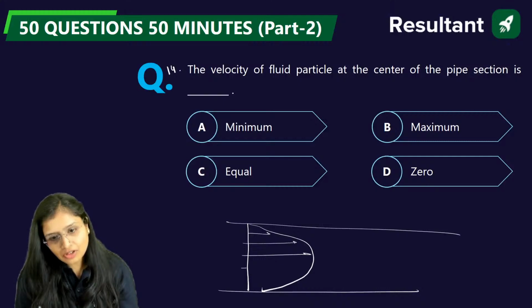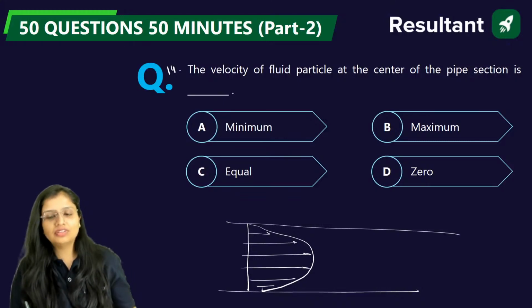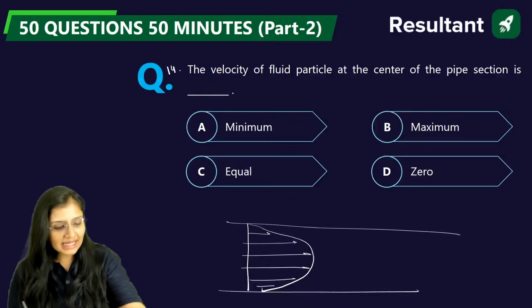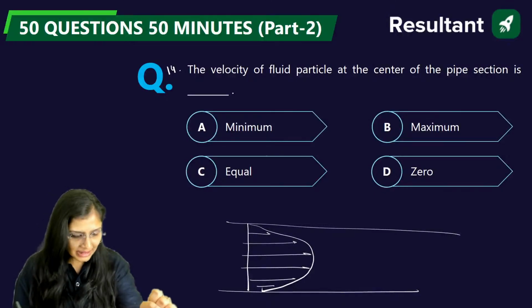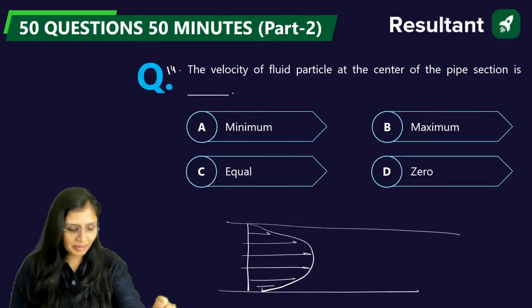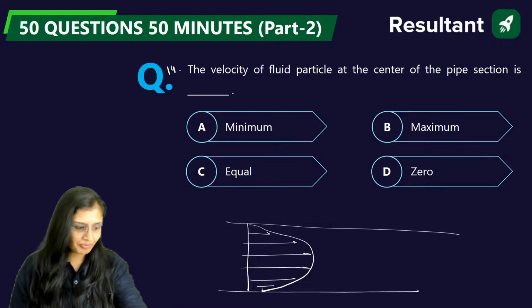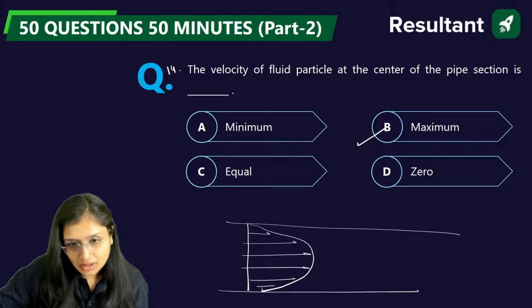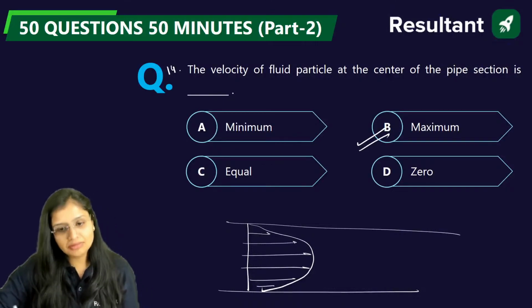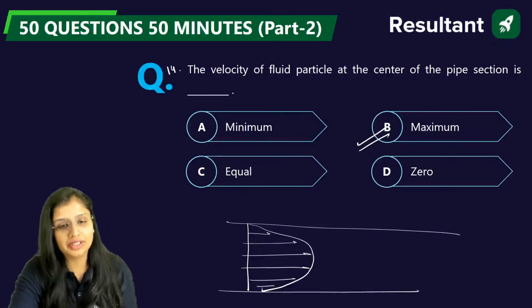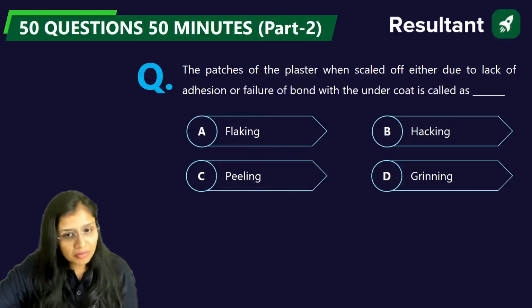The velocity of fluid particle at the center of the pipe section is maximum. Good evening, Rakesh. It will not be zero, it is maximum. I have also shown it by drawing. It is maximum at the center.